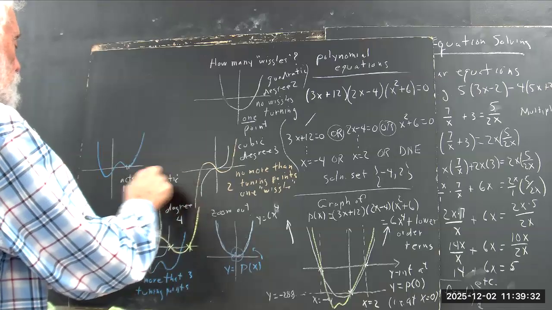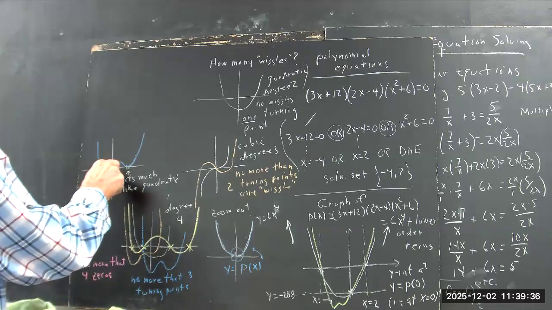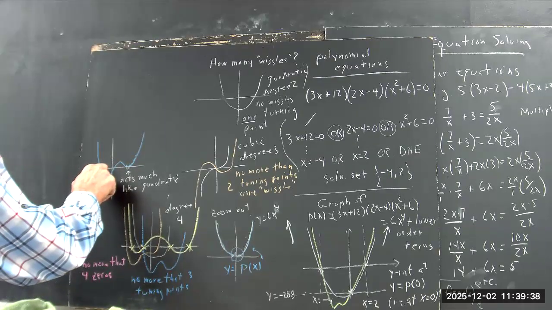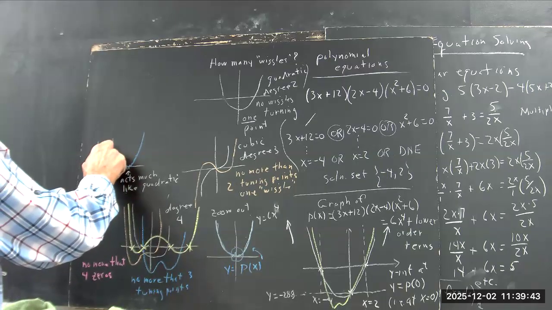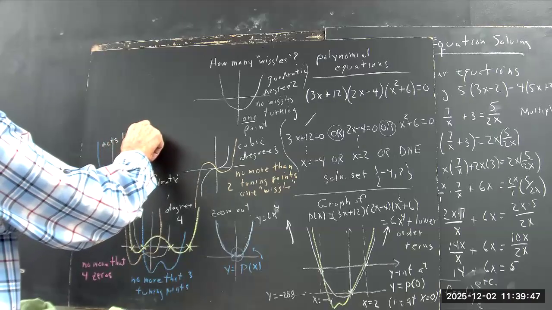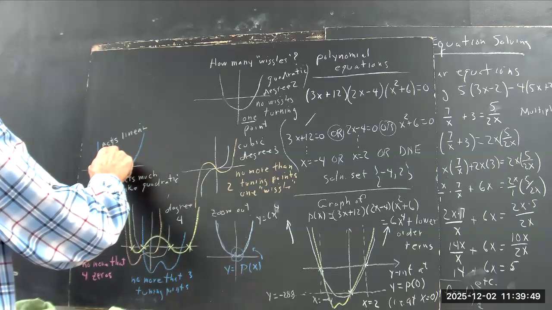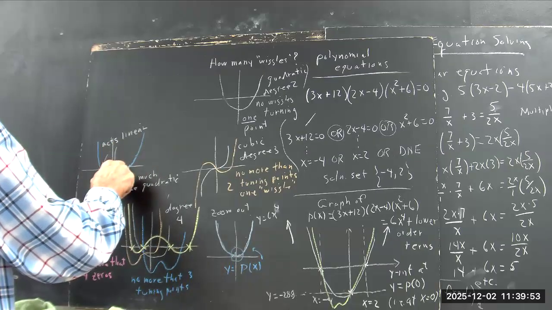It acts much like a quadratic function. In these intervals, without writing so many words, I'll say that it acts linear here and here at this zero and at this zero.